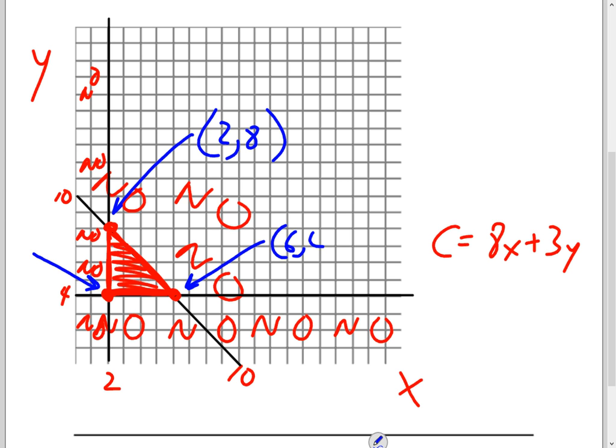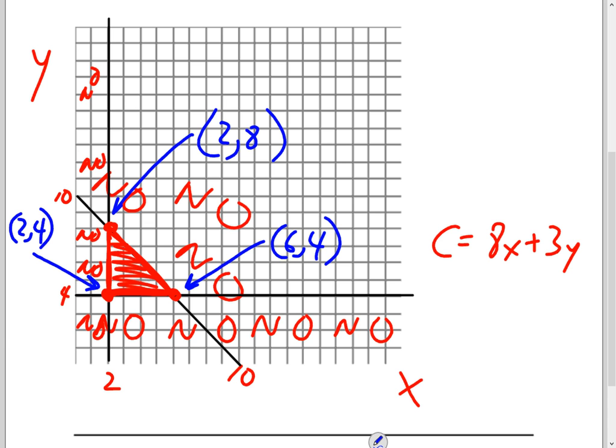Some people labeled this one 6, 4. And then for some reason they just disregarded that one. Take a look at your graph. Did you misrepresent your units? You have to be consistent with your units. Some people started with 1s and then they ended up with 2s later on. You have to be consistent.